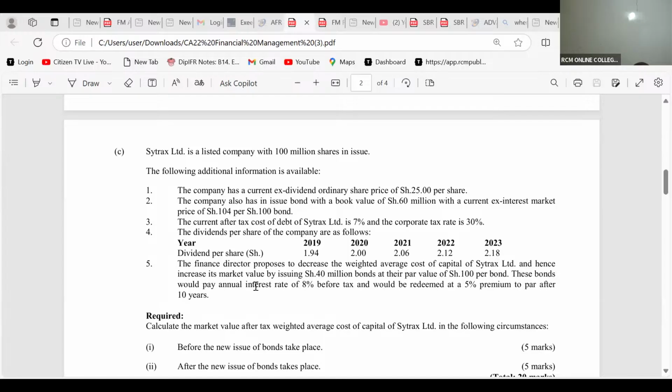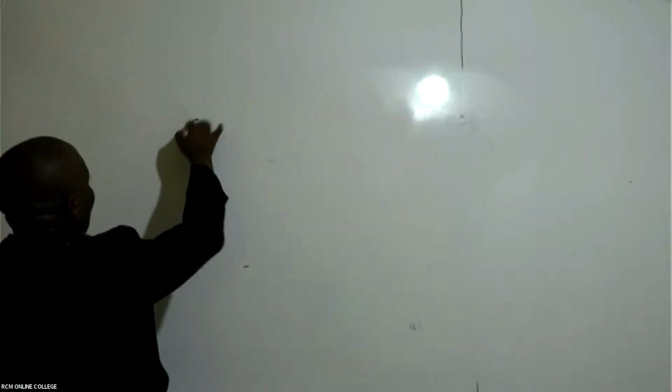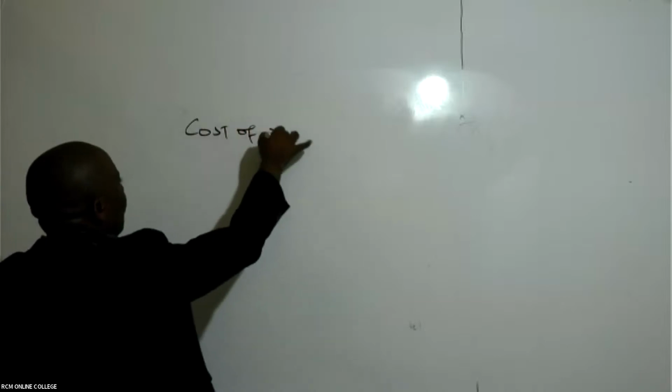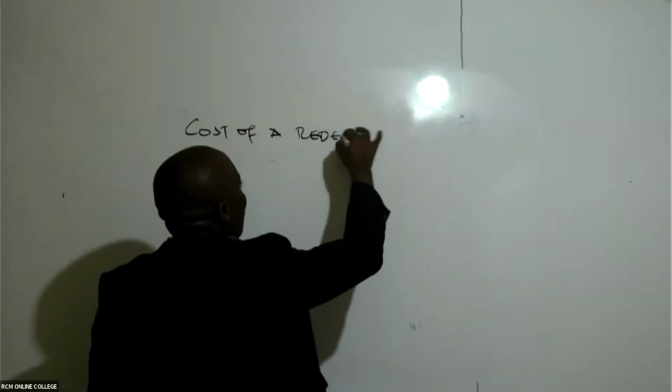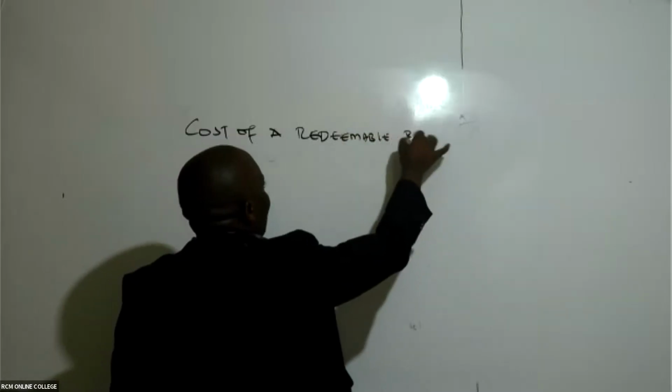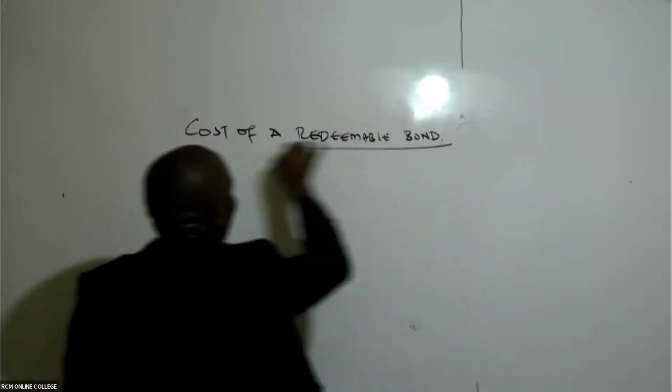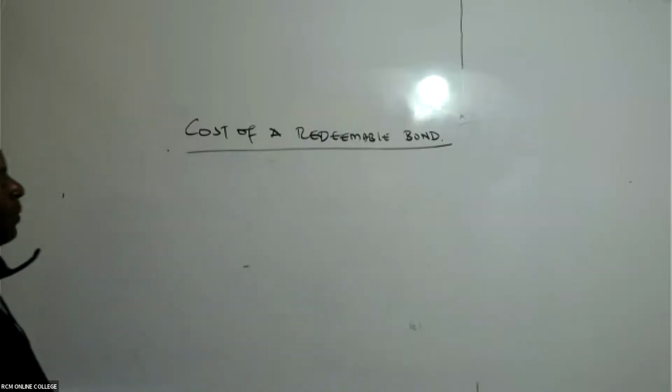These bonds would pay annual interest rate of 8% before tax and would be redeemed at 5% premium to par after 10 years. So this is cost of a redeemable bond.